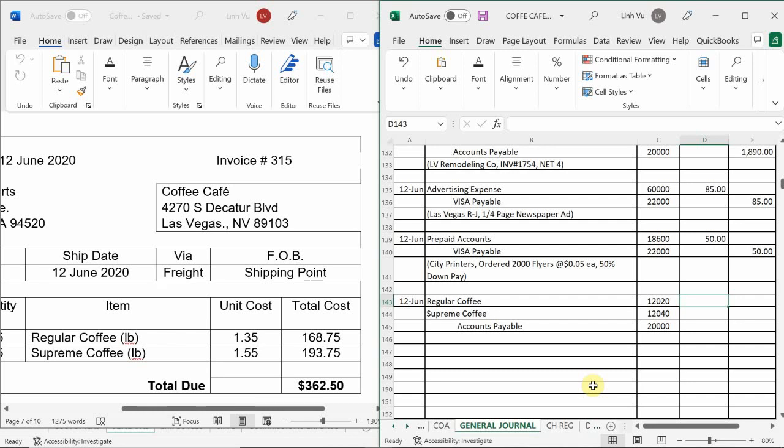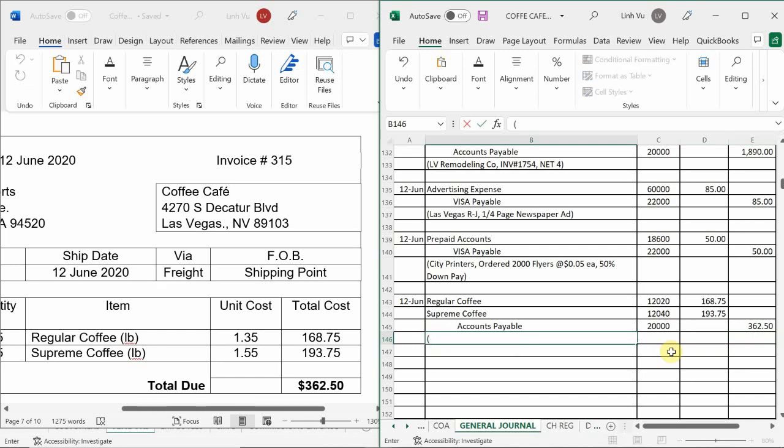How much was my regular coffee for? $168.75. How much was my Supreme coffee for? $193.75. So in this case, my grand total should equal $362.50.